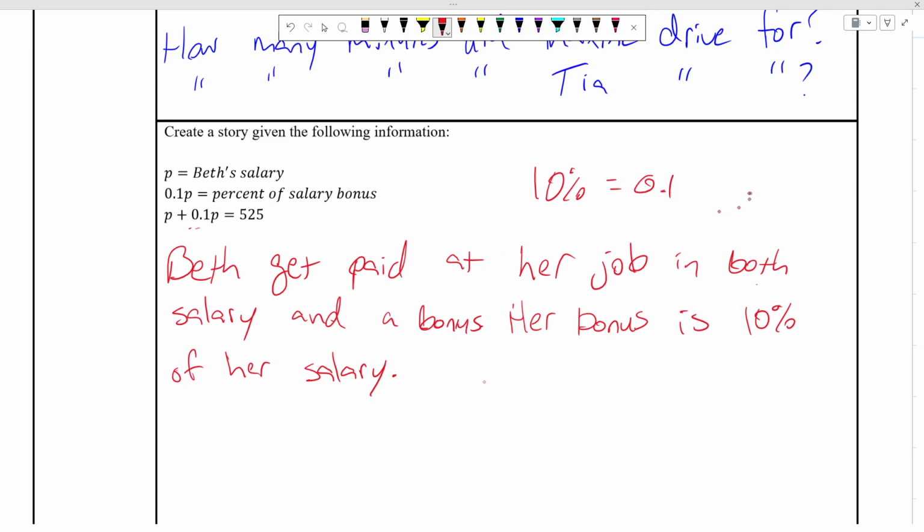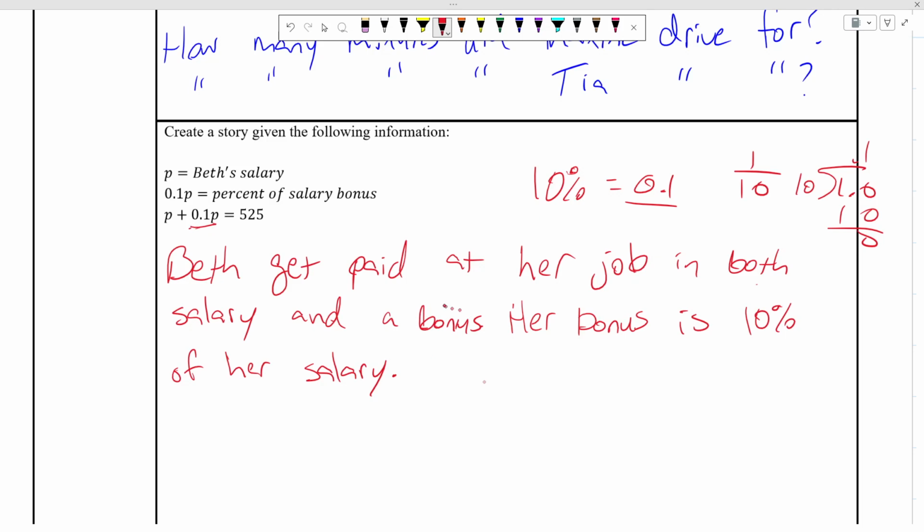In other words, 10 divided by 100 is 0.1. So I just want you to recognize, if that wasn't clear to you, that 10% is 0.1. That's sort of how I knew it was 10%.